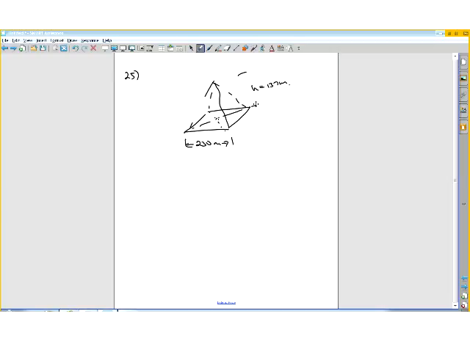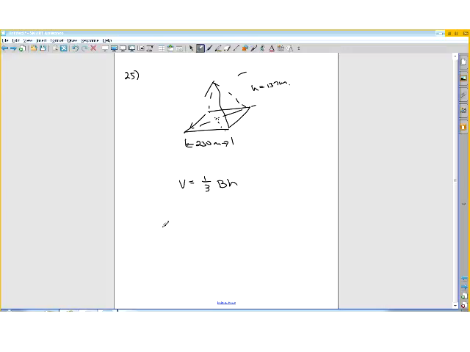So what is the volume of a pyramid? Well, let's look at the book. The volume is equal to 1/3 the base times the height, which kind of reminds you of a triangle, which is 1/2 the base times the height.